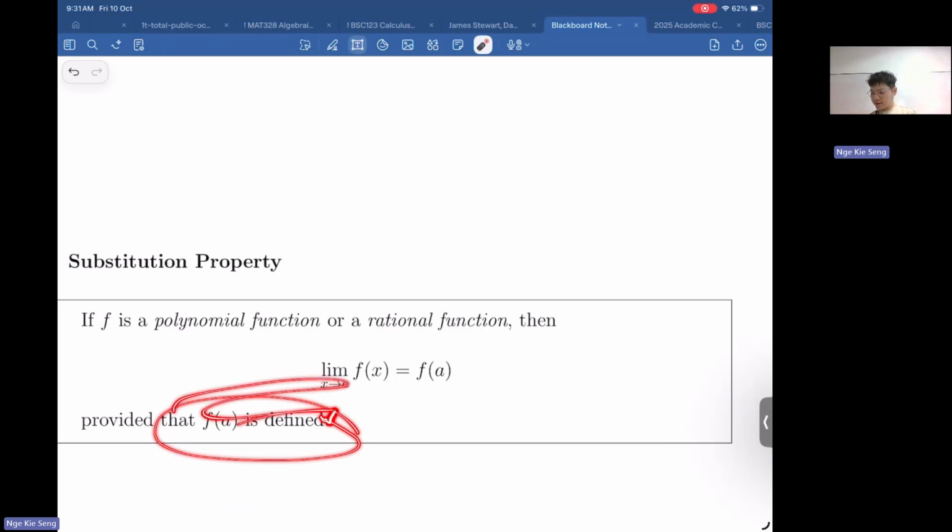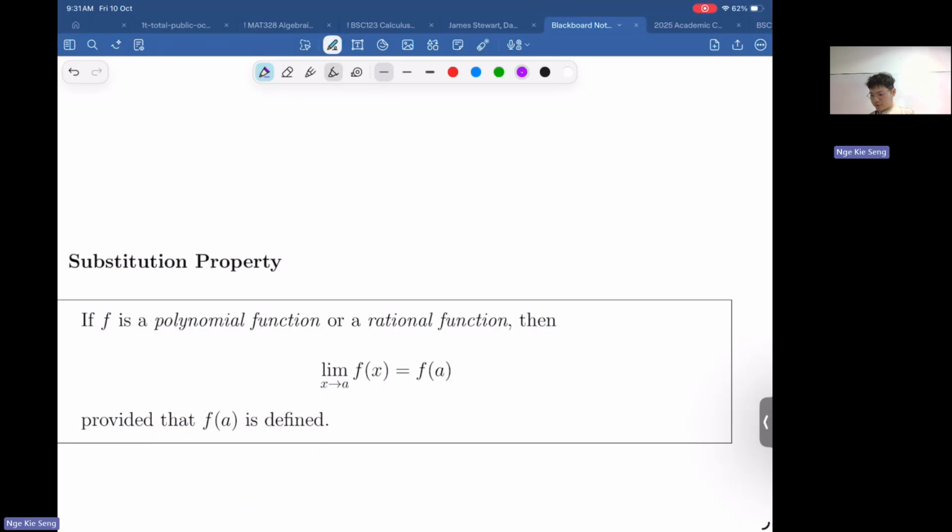So it's very important here. You don't come and ask me, hey, I thought you said substitution will work. No, it's as long as f(a) is defined. If it is infinity, we also don't know what's going on. f(a) is defined here, meaning it is some finite number.